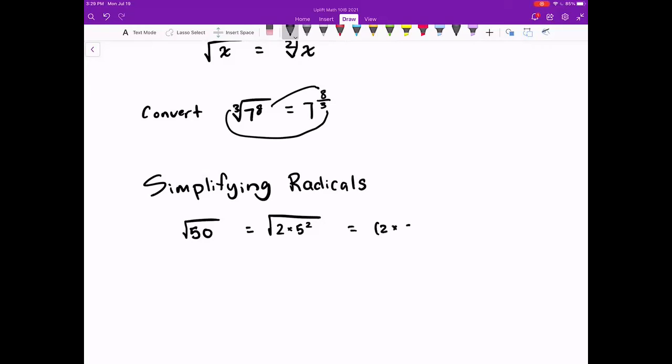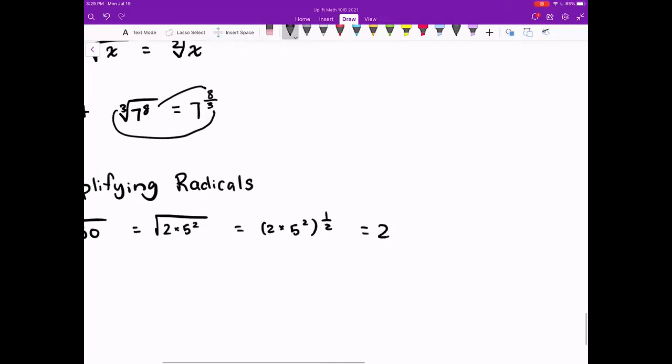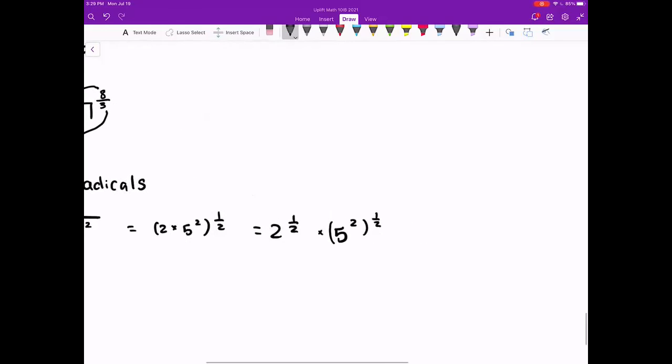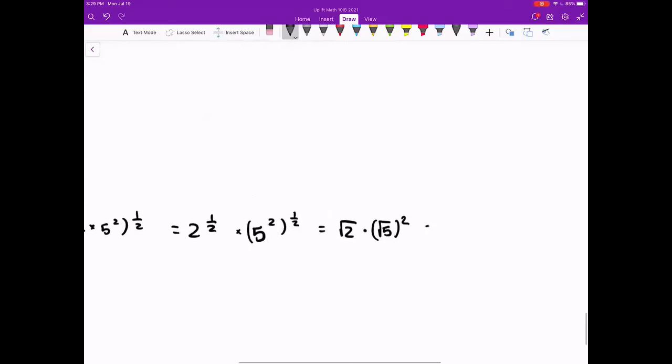We end up with the square root of 2 times 5 to the power of 2 times 1/2. We can think of it as the square root of 2 times the square root of 5 squared. And we can cancel out the square and the square root, and we end up with 5 root 2.